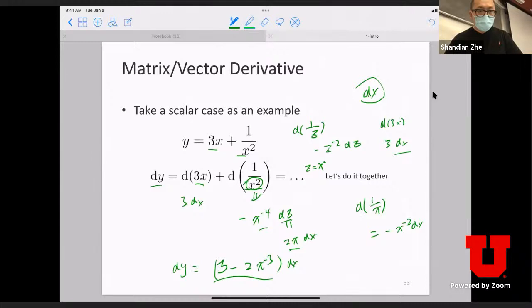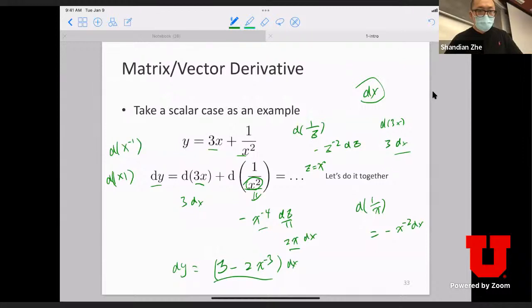But for matrices, what are the basic rules? For example, if you want to compute the derivative of x inverse, what's the basic rule to get that? If you want to compute the derivative of the determinant of a matrix, what's the rule to get that?